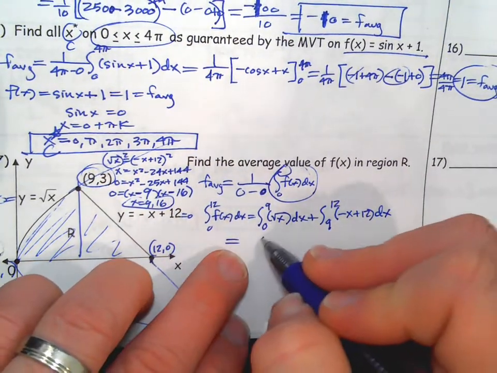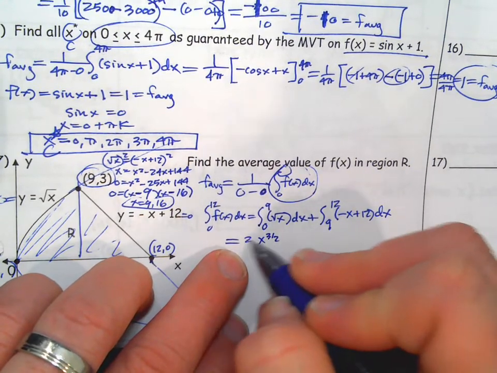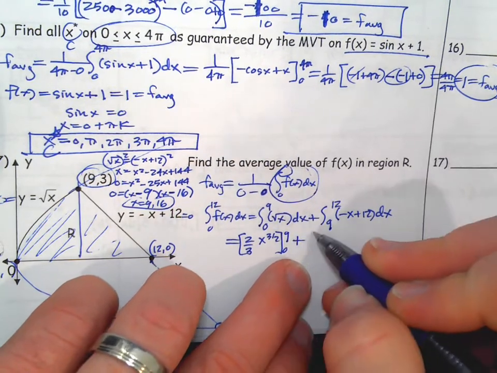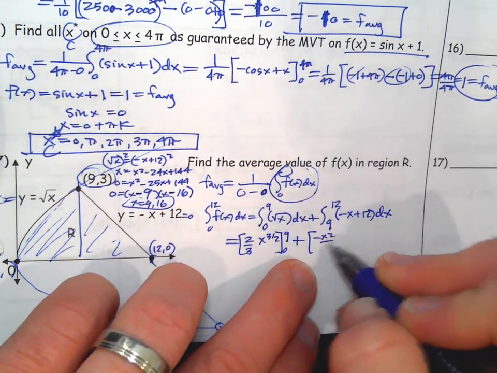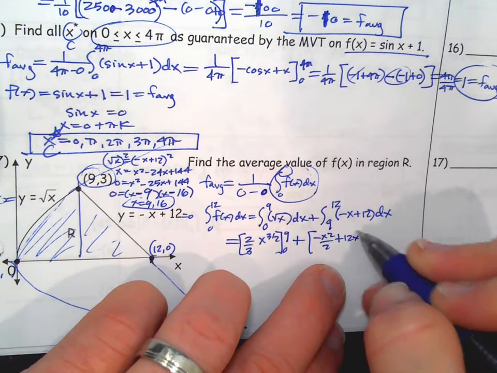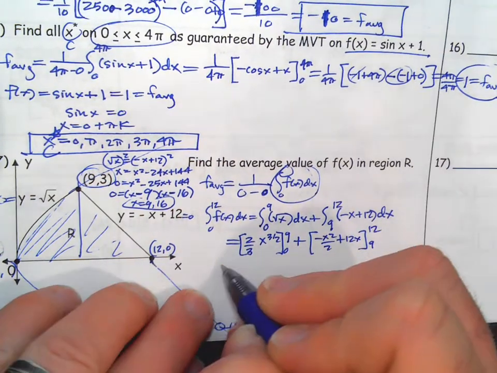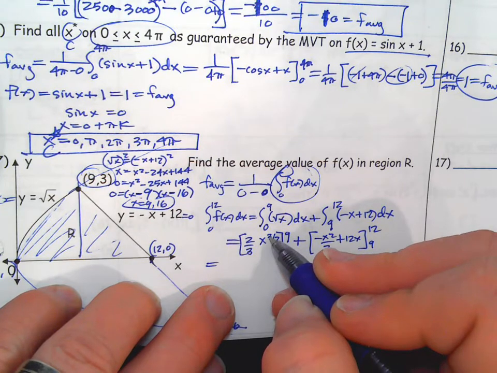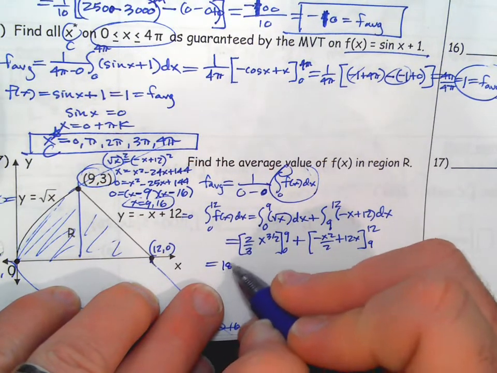So that's going to be x to the 3 halves, divided by the new exponent, and this is going to be negative x squared over 2 plus 12x. Square root of 9 is 3. Cubed is 27, divided by 3 is 9. So that's going to be 18 minus 0.